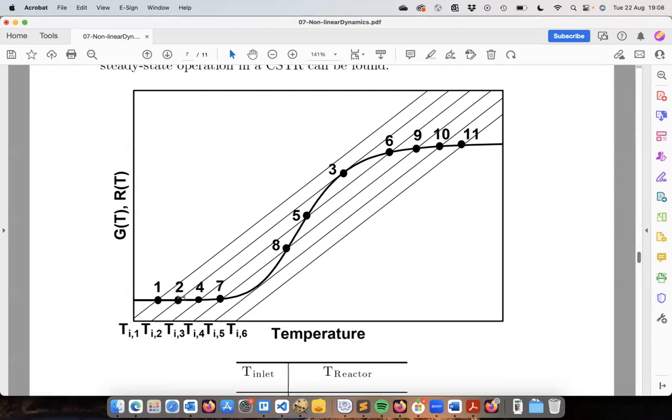We call TI2 the extinction temperature. So here, when we were operating at inlet temperatures just above TI2, we always had available this higher steady state. Then when we applied a temperature slightly below TI2, suddenly we couldn't operate at this high temperature anymore. We could only operate down here.